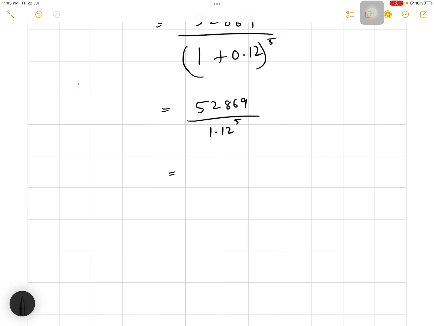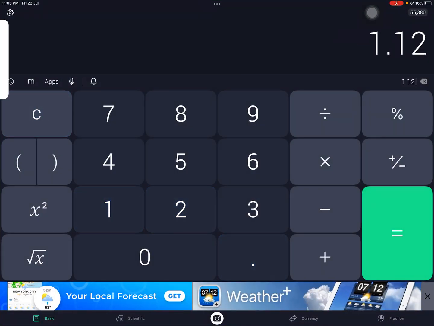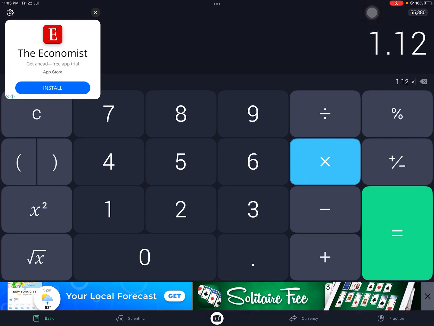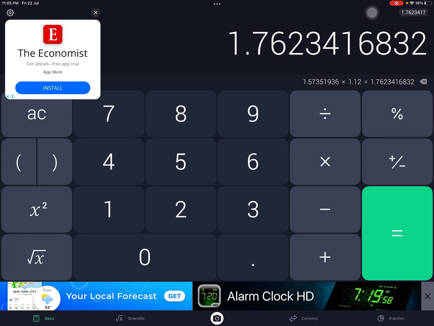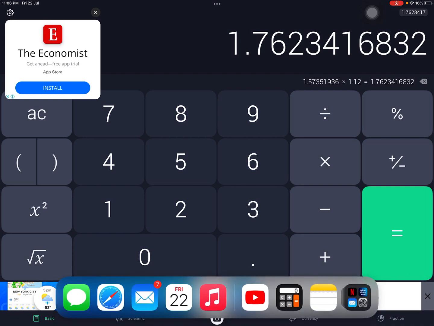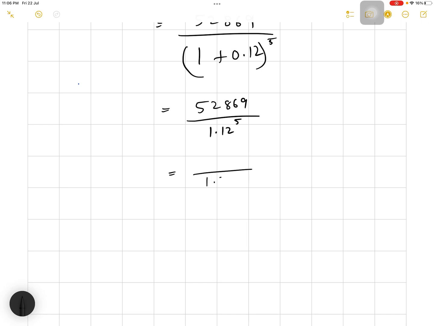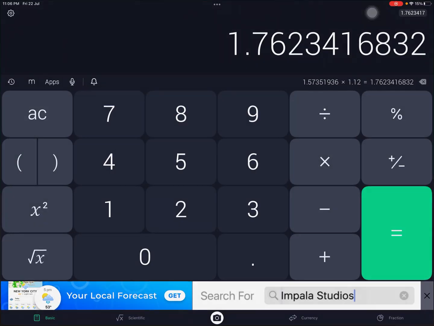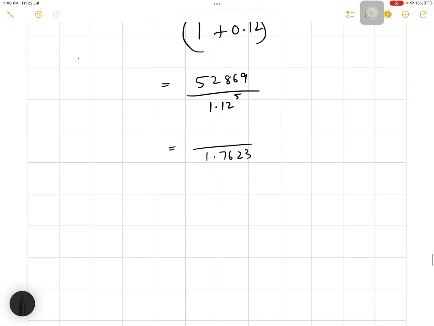Let's calculate 1.12 raised to 5: 1.12 multiplied 4 times, it is 1.7623.